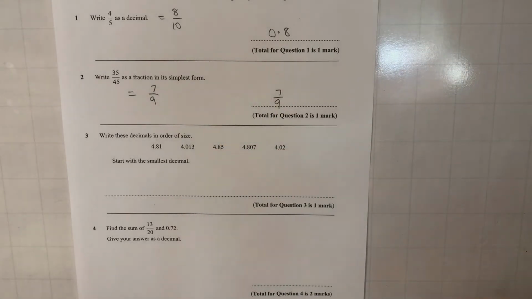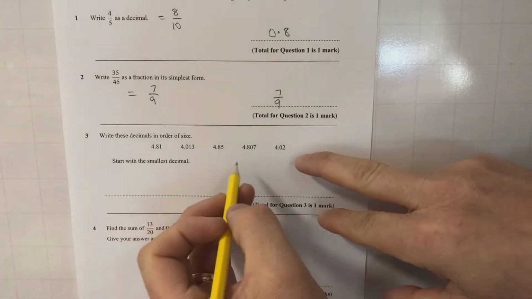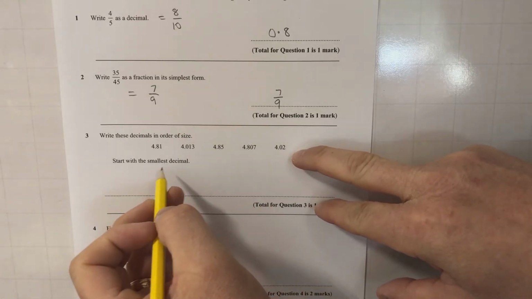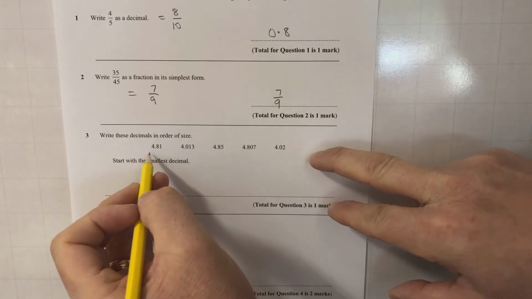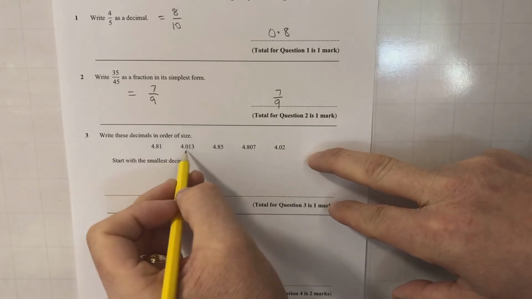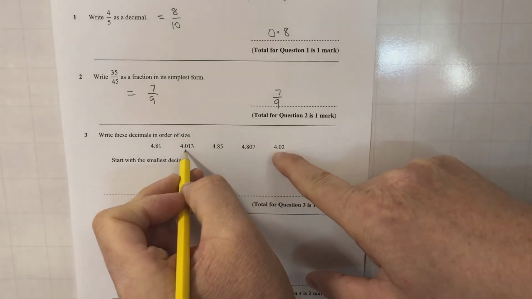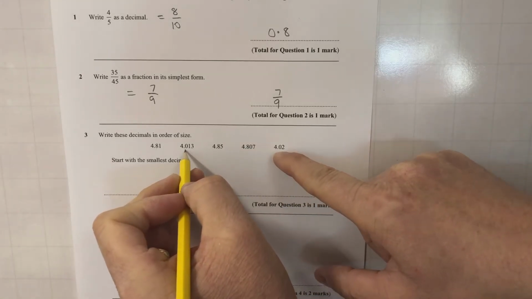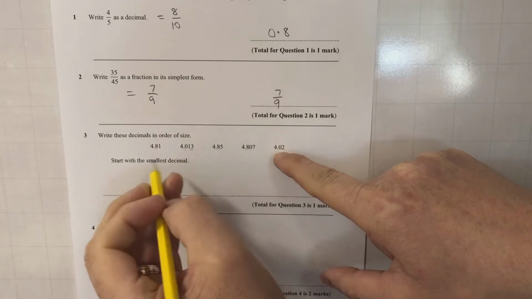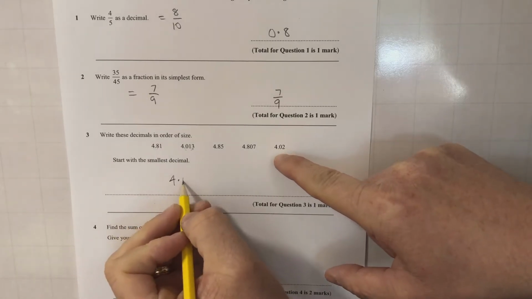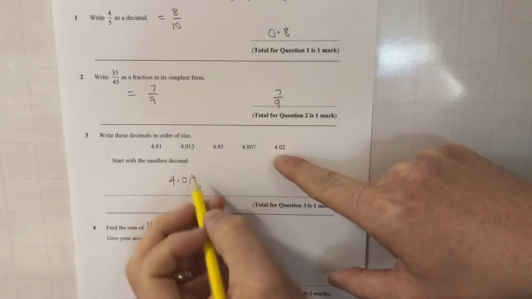Ordering these numbers in numerical order, starting with the smallest, they all start with a 4. We've got 4.8, 4.0, 4.8, 4.8, 4.0, so it's between these two. After the 0 is a 2, after the 0 is a 1. So that is the smallest. That is the next smallest.